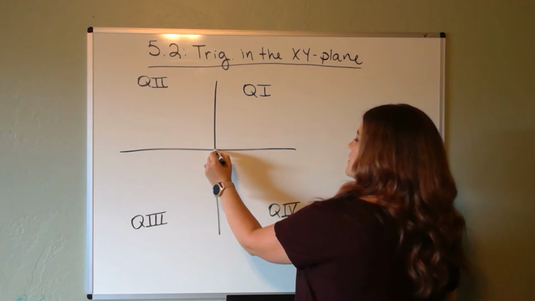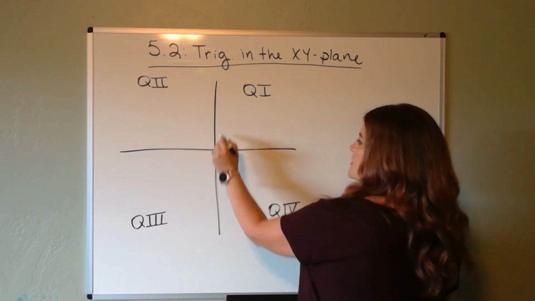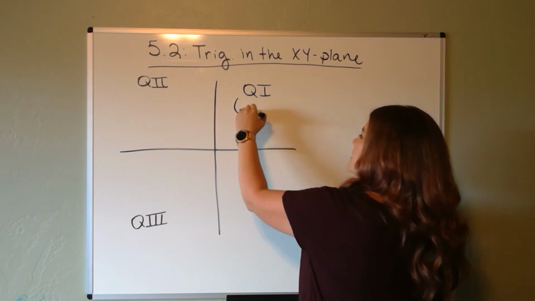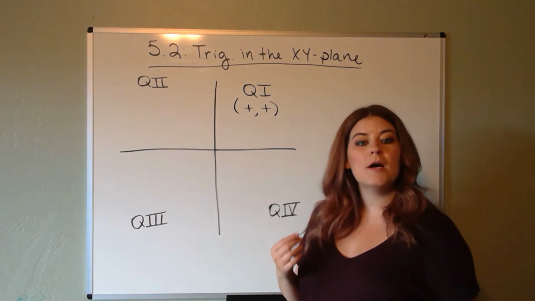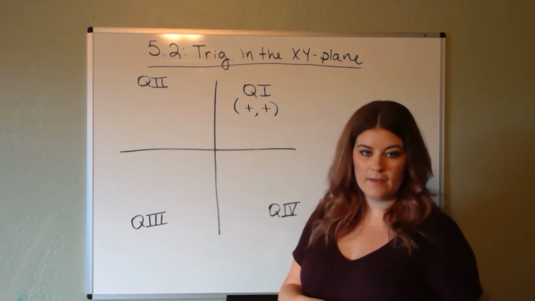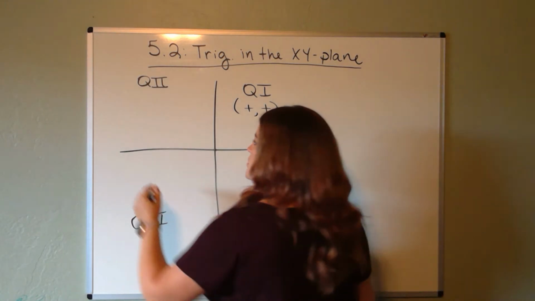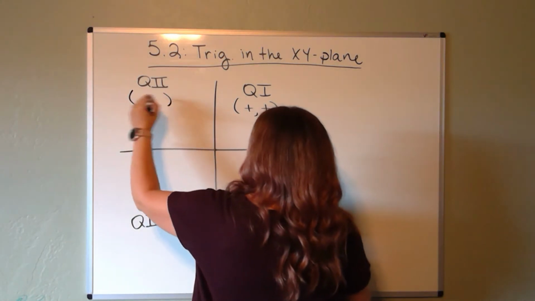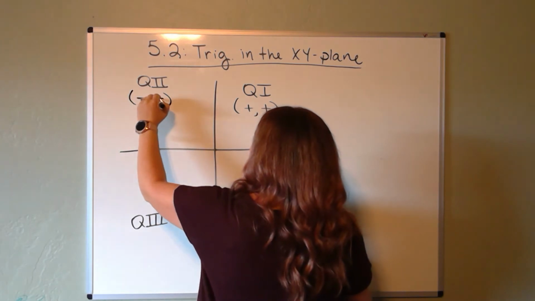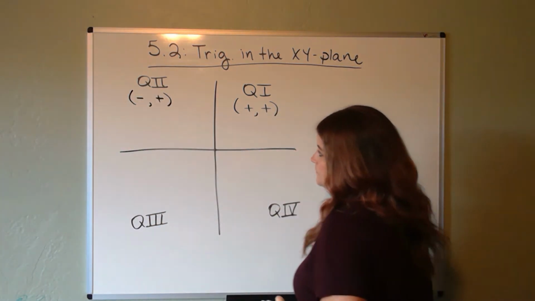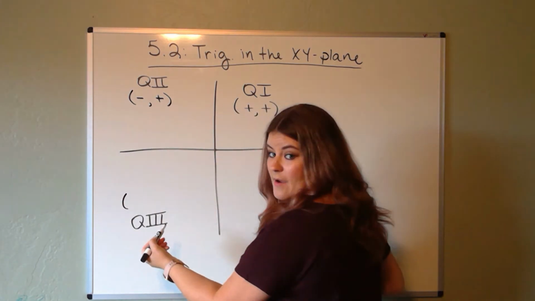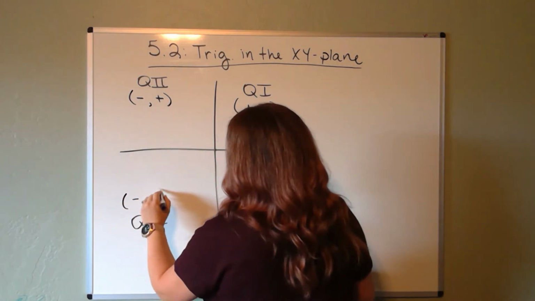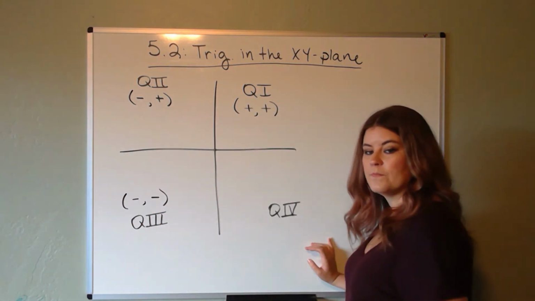In quadrant 1, what do we know about both x and y? Starting at the origin, if we go right on the x-axis and up on the y, it means that every ordered pair in quadrant 1 is both positive x and positive y. In quadrant 2, x is negative, but y is still positive. In quadrant 3, we've gone left and down, so it means that both x and y are negative.